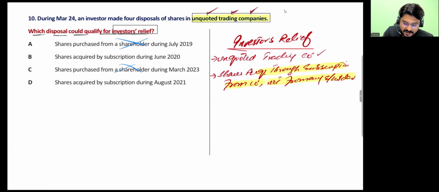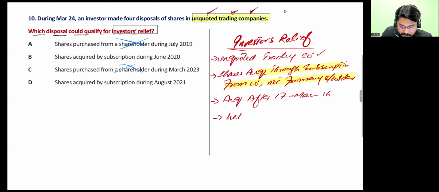Let me write other conditions as well. Shares must be acquired after 17th March 16. The shares on which you want to claim investors' relief must be purchased after 17th March 16, and held for at least 3 years from the purchase date.